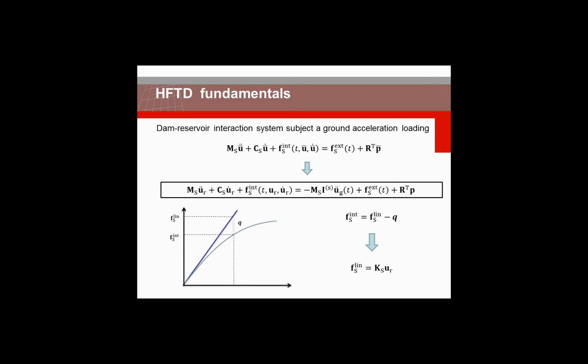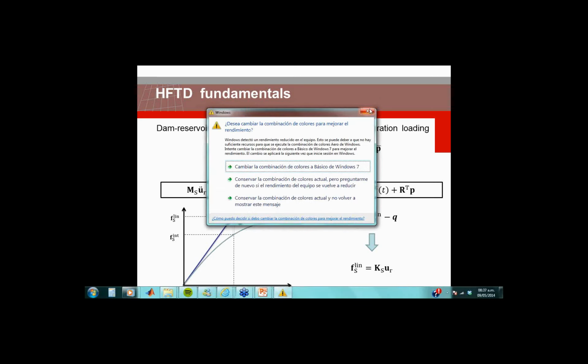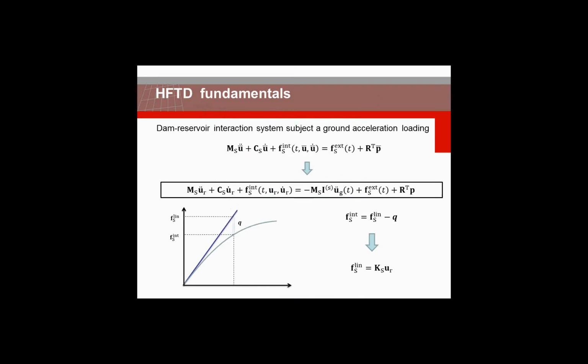This is the first step, done in this slide. And the second is that the nonlinear internal force has to be tackled by means of the pseudo-force concept. The pseudo-force concept expresses the nonlinear internal force in terms of a linear internal force minus a pseudo-force, that is the Q vector.